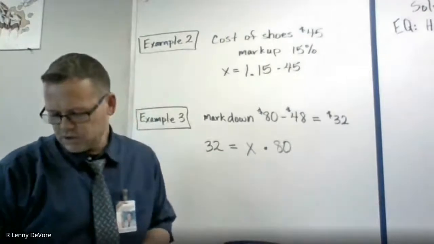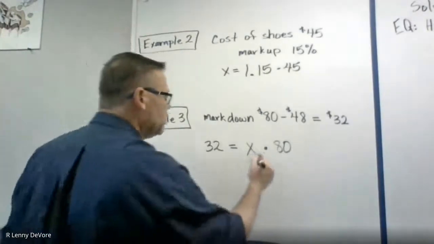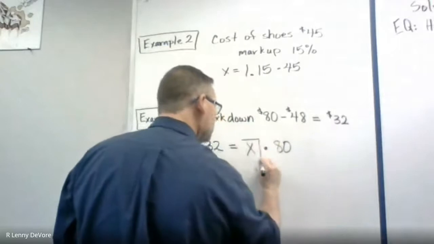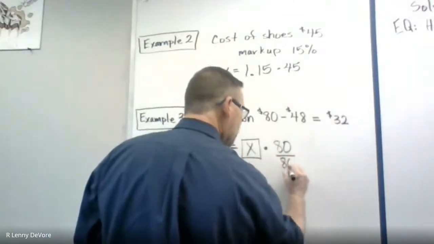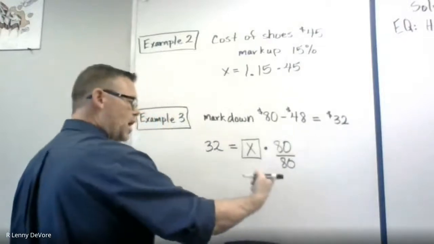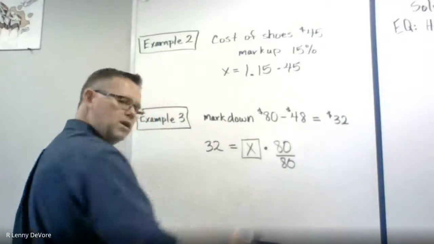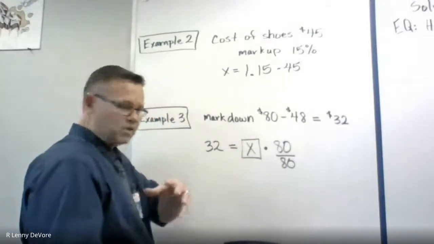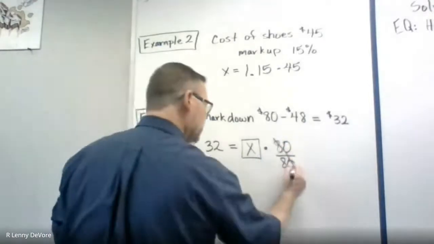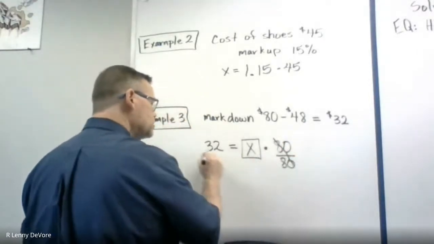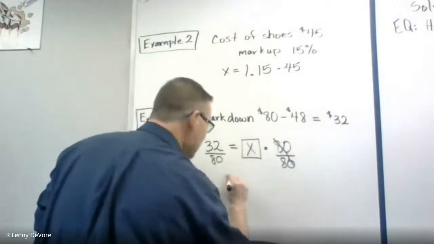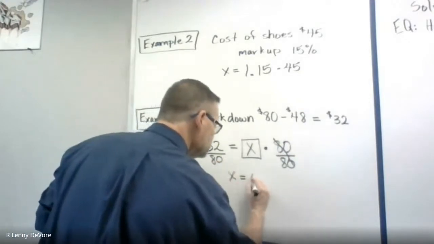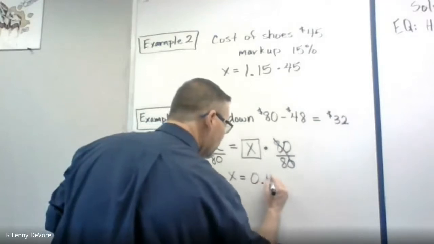Okay. Now we're doing this just the way we did before. We isolate the variable. We're multiplying here, so we divide by 80. Remember, 80 divided by 80 is 1. Anything divided by itself is 1. We multiply the 1 by x, and it's x. So this is gone. But anything I do on this side of the equation, I have to do on this side of the equation. Now, when I divide this, x is going to equal 0.4.